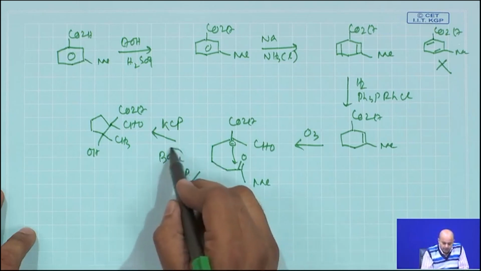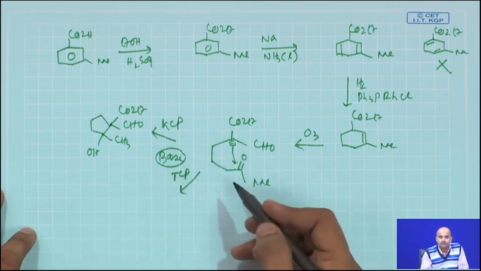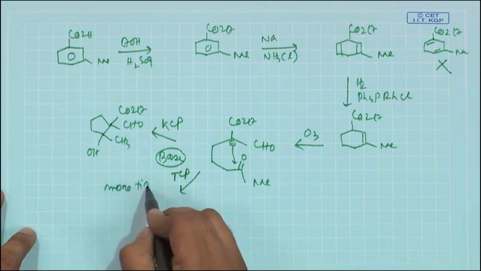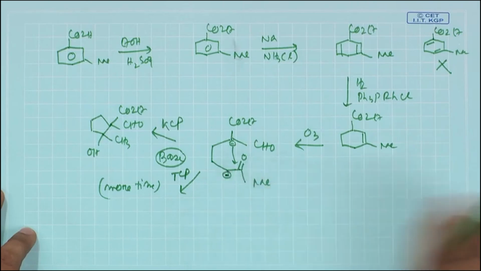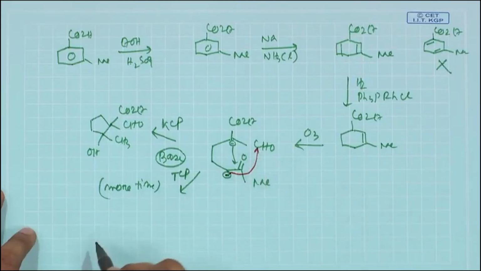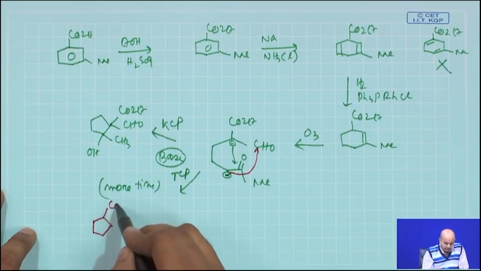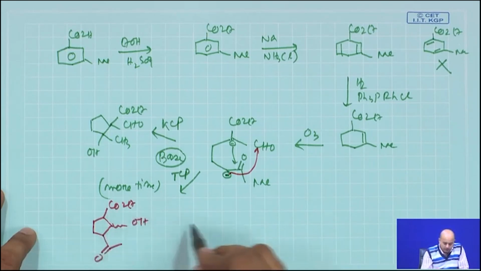It means that you allow the compound to react with base for more time. More time basically will give you the thermodynamically controlled enolate, and then this hydrogen will be abstracted and will react with this aldehyde, and then we can get this particular aldol which is required for us.